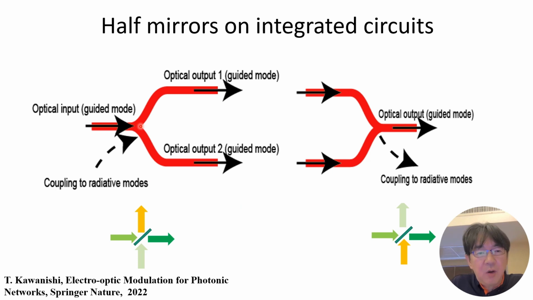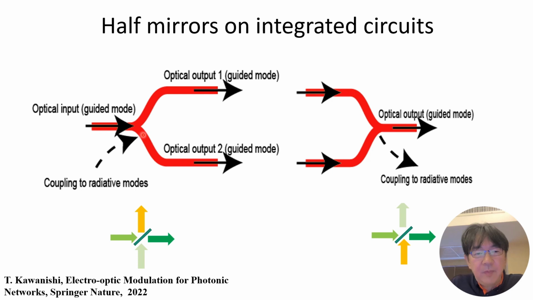We use a Y-shaped junction, we call it a Y junction, to form the half mirrors. Here is an optical input, and in the Y junction, we can get two optical outputs. We can divide it into two, as you can see here.